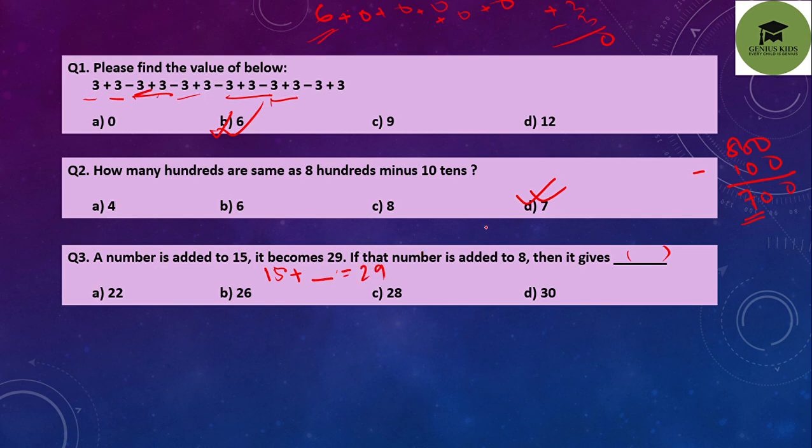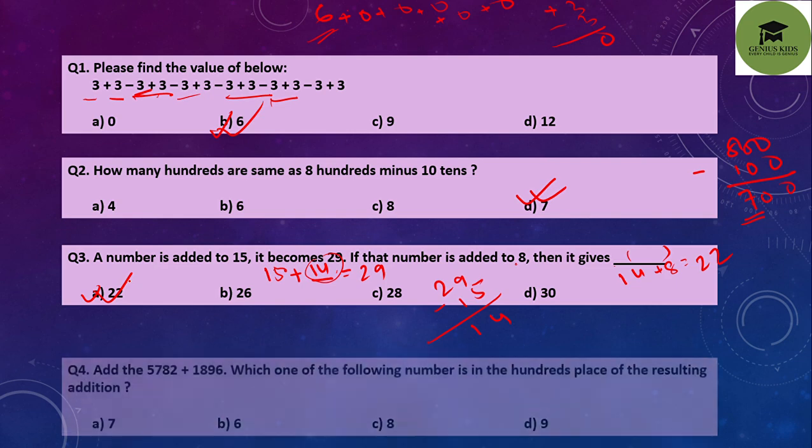What is this number? In this case, we just do 29 minus 15. So the answer is 14. Now this 14 is added to 8. So 14 plus 8 will give you 22. So the answer is A, 22.